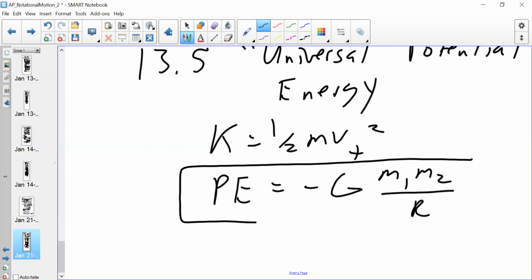So this is the universal potential, or the potential energy between any two masses, not just you and the Earth, but an asteroid and a comet, you know? And so that would be the energy of the system. So it's the potential to do work, and always think about it in terms of that. You have an atom, electron, nucleus.